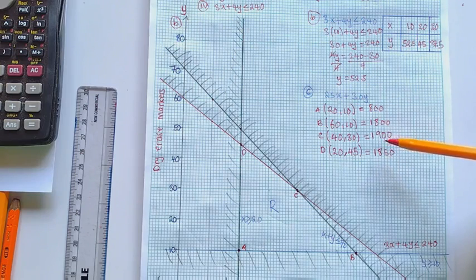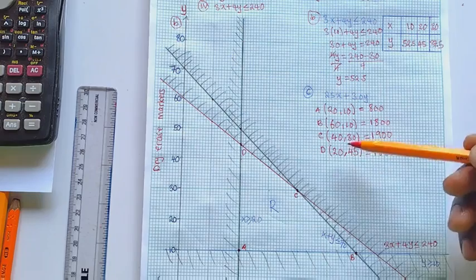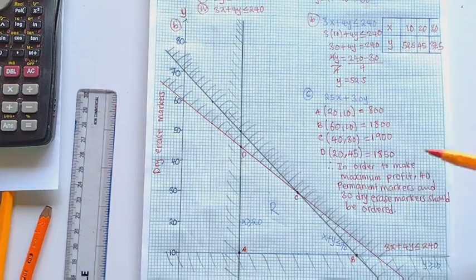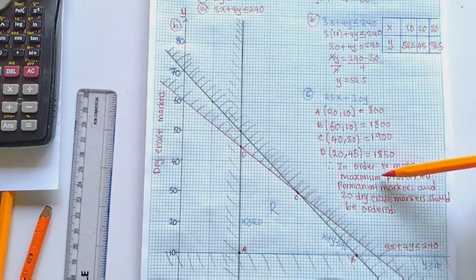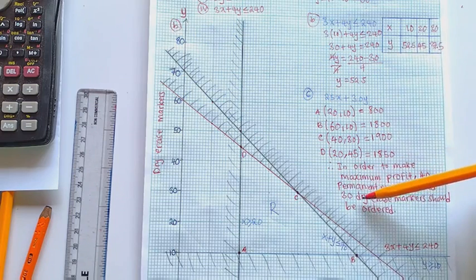So you just make a statement. In order to make maximum profit, 40 permanent markers and 30 dry erase markers should be ordered.